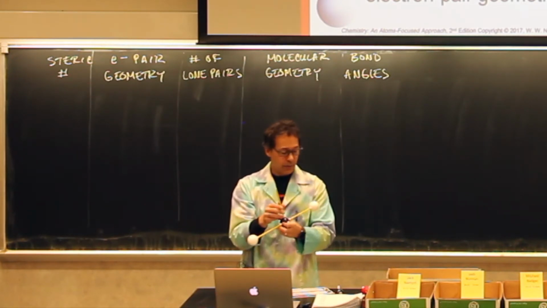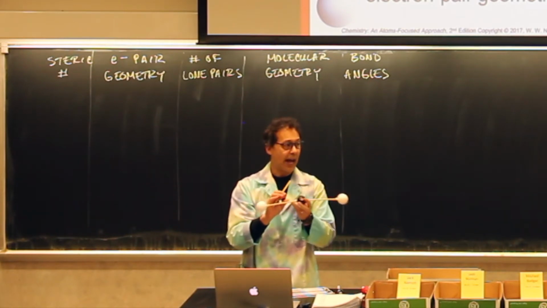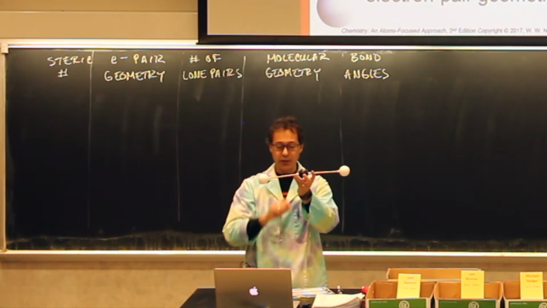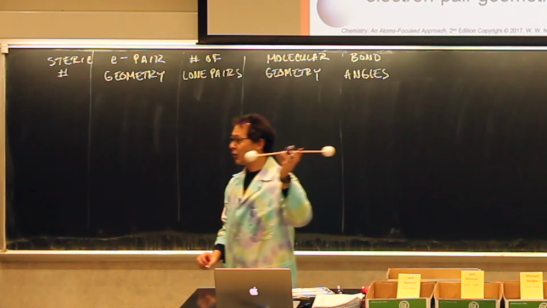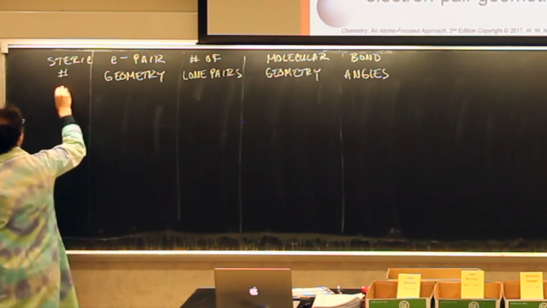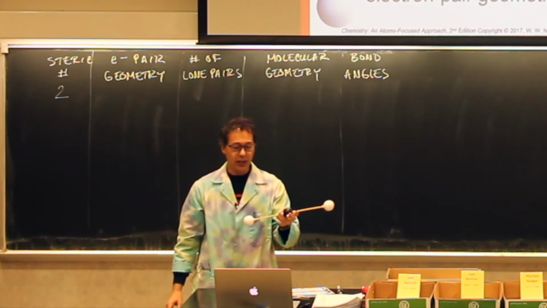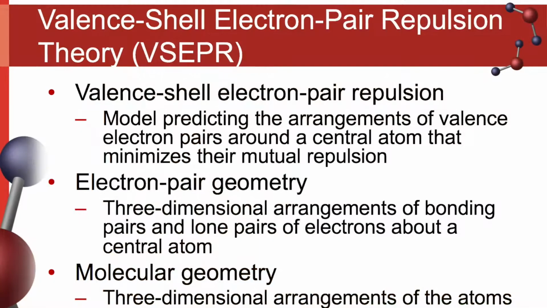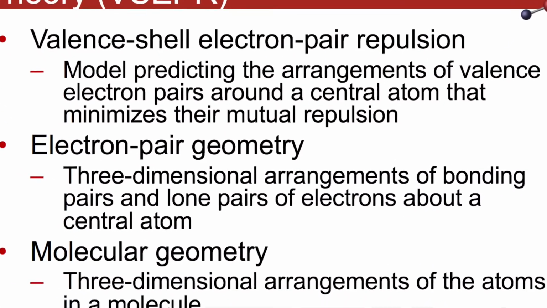Now to get us started, we're just going to start out simple, and then we're going to add more and more peripheral atoms. So starting out simple, we have 2 things attached. And so we would say then that this has a steric number of 2. And then our electron pair geometry, this is our 3-dimensional arrangement of the molecule, including the lone pairs.